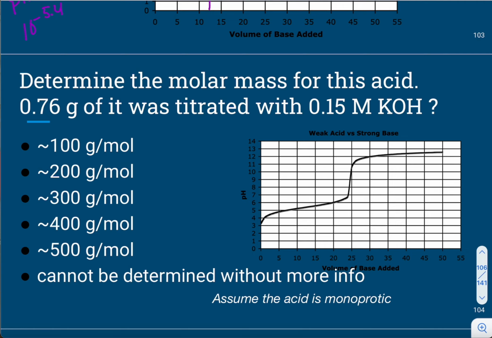All right, so here, determine the molar mass of this acid. 0.76 grams of it was titrated with 0.15 molar base. Okay, so what you can do is figure out the moles of acid at the equivalence point.